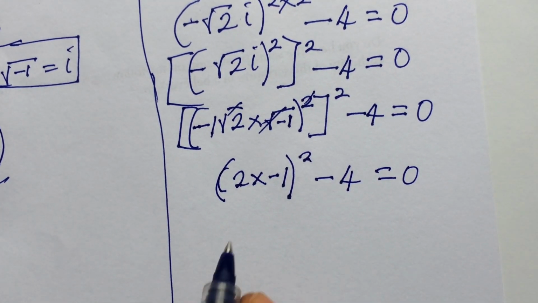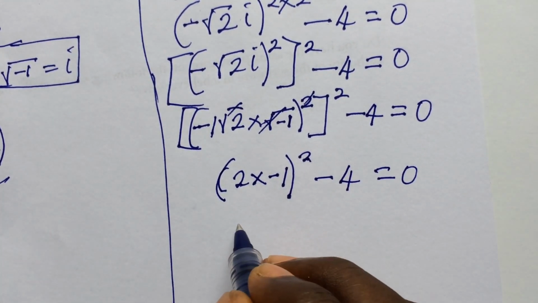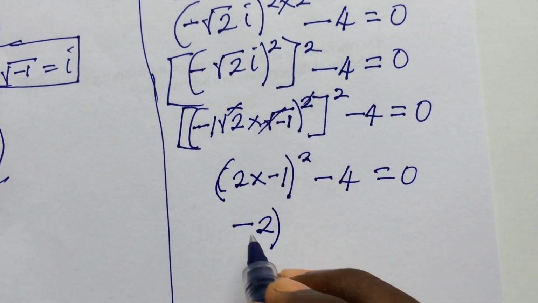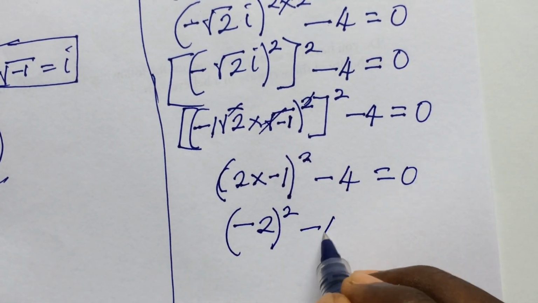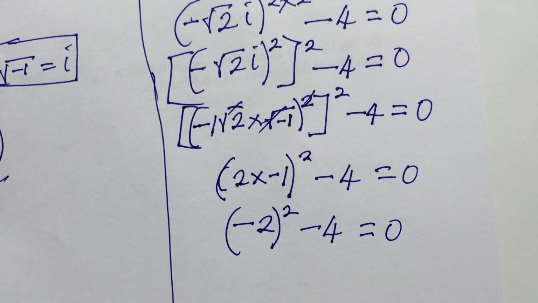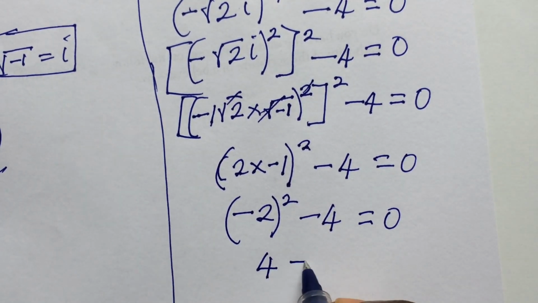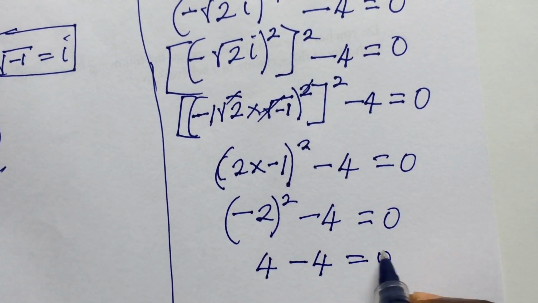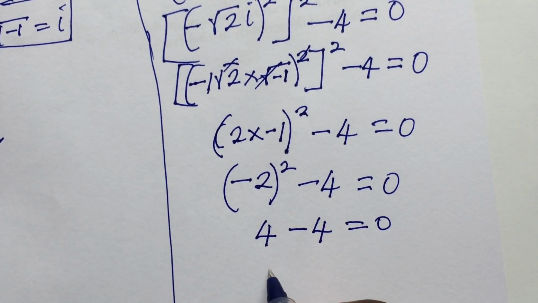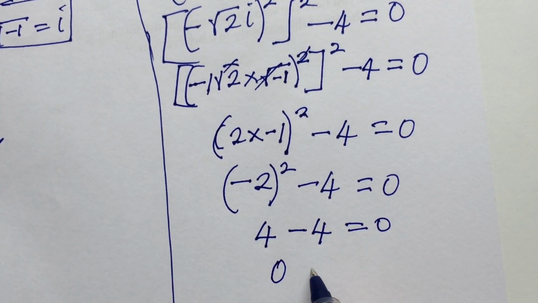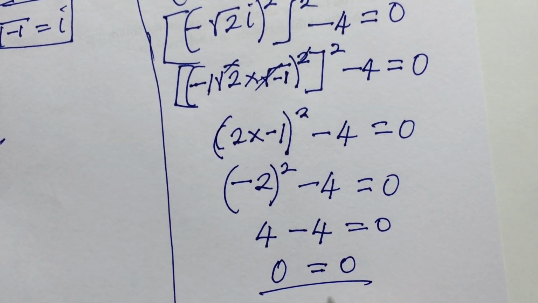So from here, 2 multiplied by minus 1 will give us minus 2 squared, minus 4 equal to 0. Of course, minus 2 squared will give us positive 4, minus 4 equal to 0. And here we're going to have 0, because 4 minus 4 will give us 0 equal to 0.